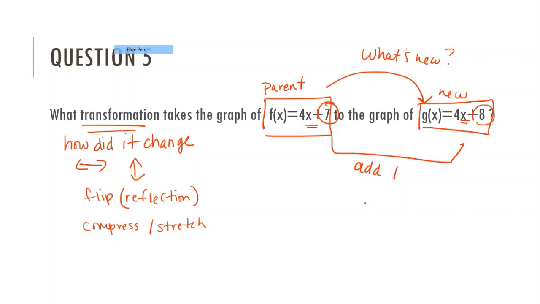Looking through my rules, if I have f of x and I just tack on a k at the end of my function, that is a vertical shift up 1 unit. And that's it. That's how I changed.